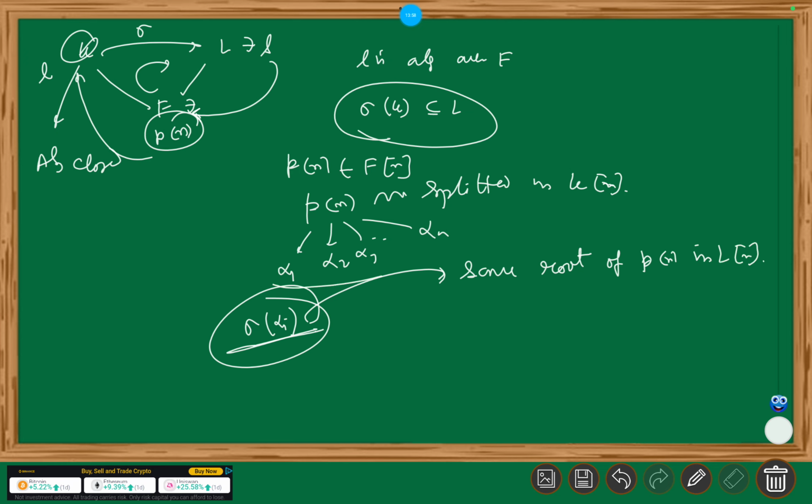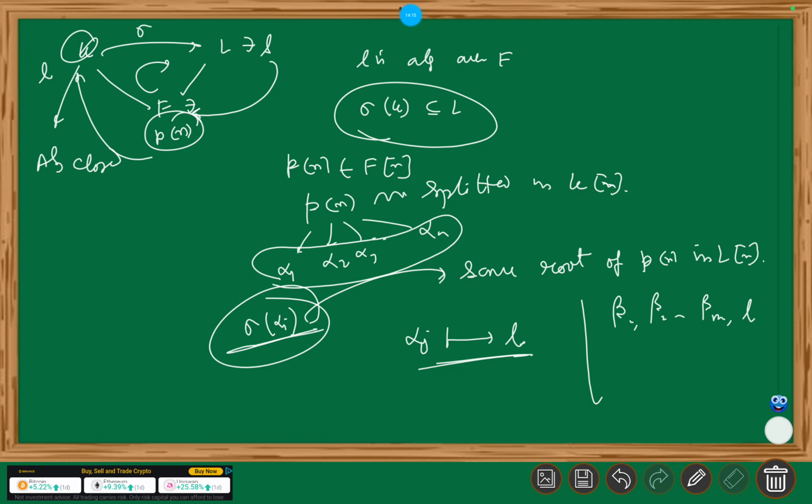Now there are only these many roots possible, right? At least one alpha j must be there that will map to l, because in L[x] it might have some other roots, for example let's say beta 1, beta 2 up to beta m.